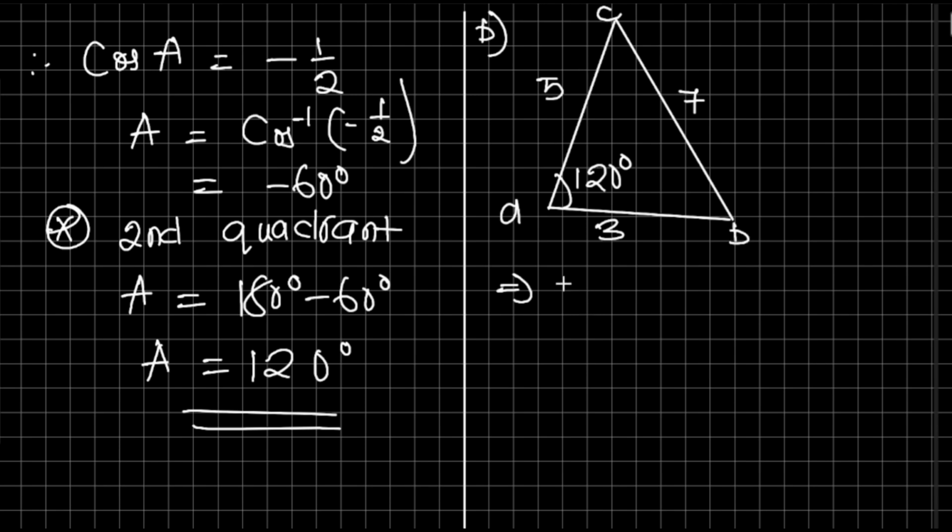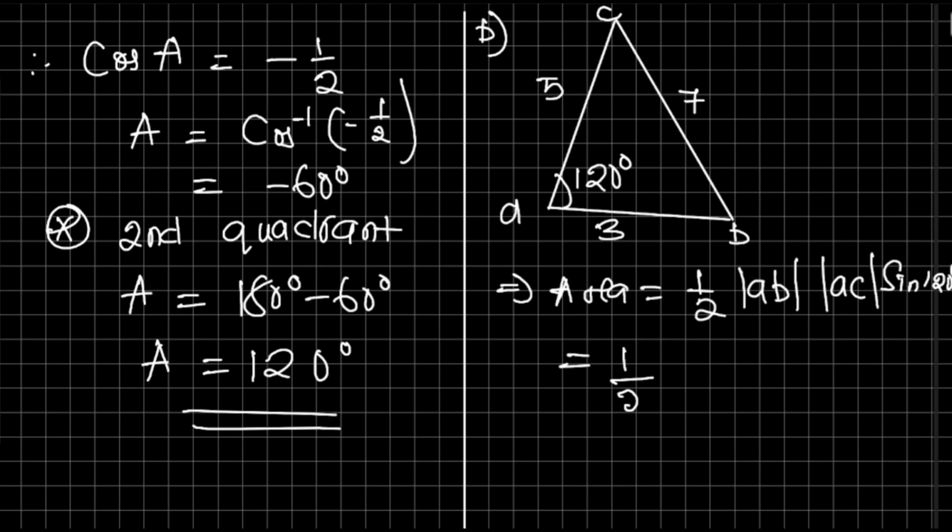So we can use area equals half AB multiplied by AC, multiplied by sine 120. That will be half multiplied by 5 multiplied by 3 multiplied by sine 120.